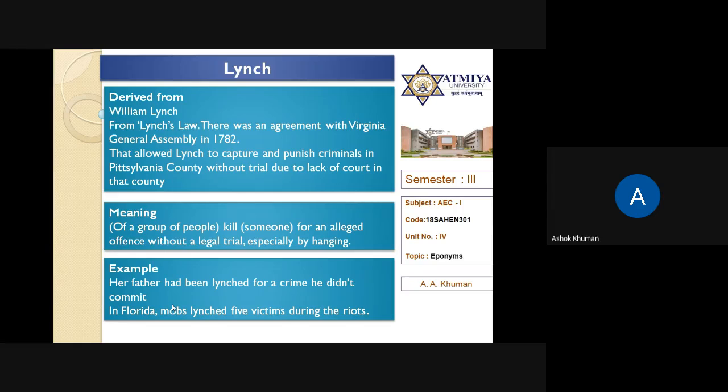Why? This word has come from William Lynch. Now, a county means a small region, in Pennsylvania.